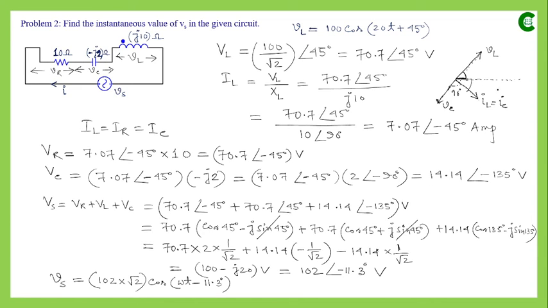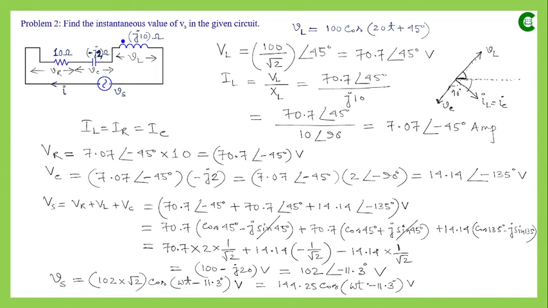So finally it will be somewhere here, lagging in nature, and value wise it is 11.3 degrees and this much volt. Now if we simplify further, 102 multiplied by root 2 will be 144.25, and then it will be cos omega t minus 11.3 degrees, this much volt.